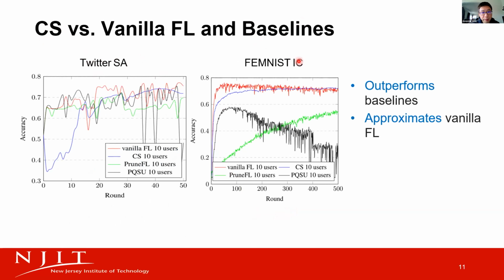We have the two applications here, and the blue line is our process, and the red line is vanilla federated learning. The other two lines are the baselines. As we see from the two figures, our process, complement sparsification, approximates vanilla federated learning.